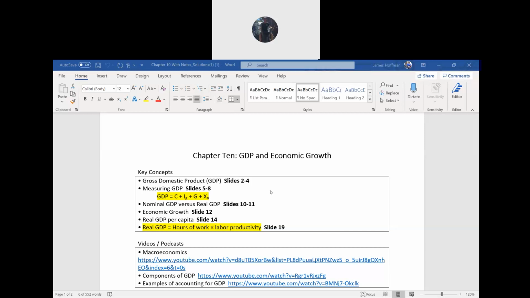So GDP per capita, not per capital, is GDP adjusted for population growth. What we're trying to do is take out the effects. Inflation is just a general increase or decrease in the price level, and population growth is another effect. You want to take those out because those things don't change productivity, so you want to see the real effect by controlling for inflation and for population growth.